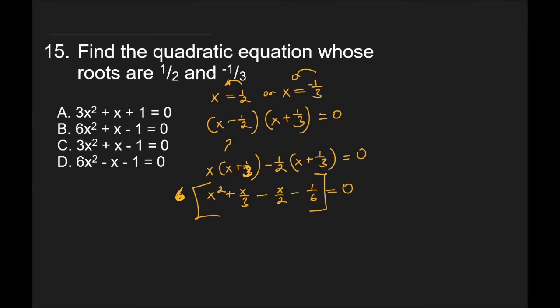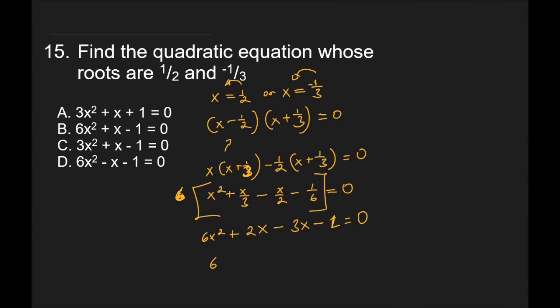Because 6 is the highest common multiple of all these denominators. So 6 times x squared is 6x squared, plus 6 times x over 3 is 6 over 3 times x, which is 2x, minus 6 times x over 2 is 6 over 2 times x, which is 3x, and minus 6 times 1 over 6 is 1, all equal to 0.